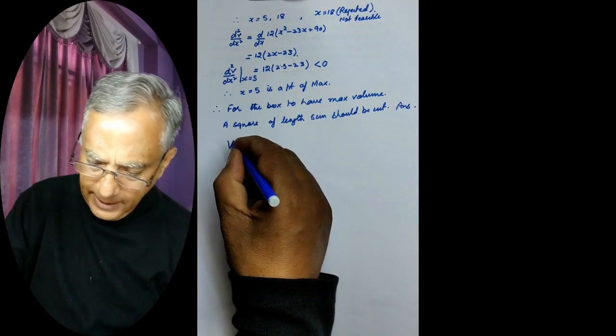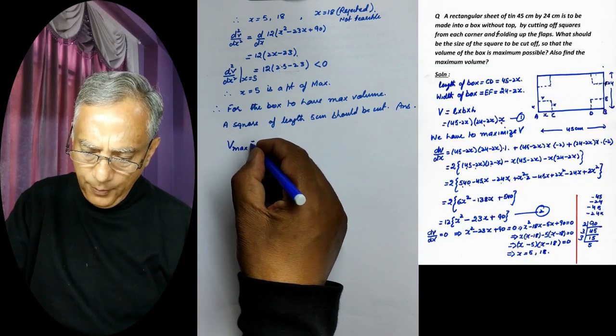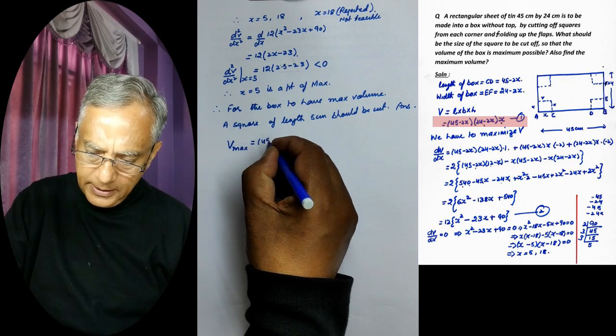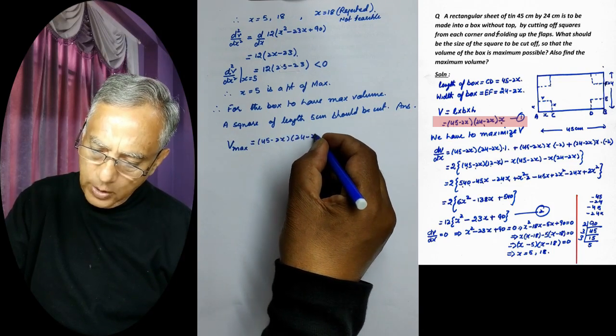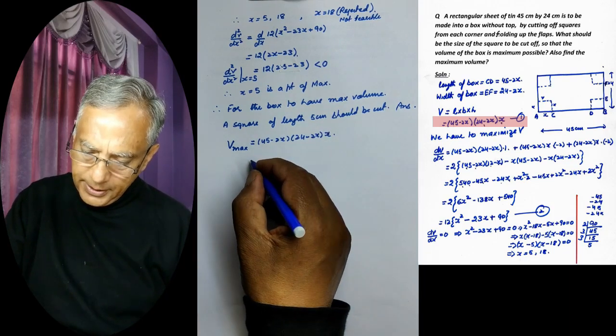Therefore, for the box to have maximum volume, a square of length 5 centimeters should be cut, and V maximum will be equal to, now V is 45 minus 2x into 24 minus 2x into x. You can see the side sheet.